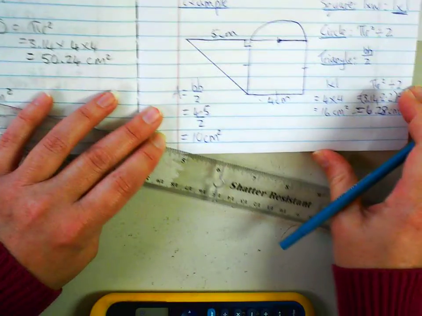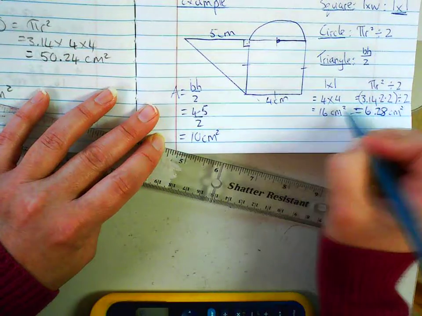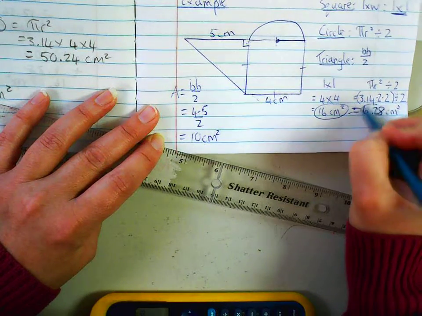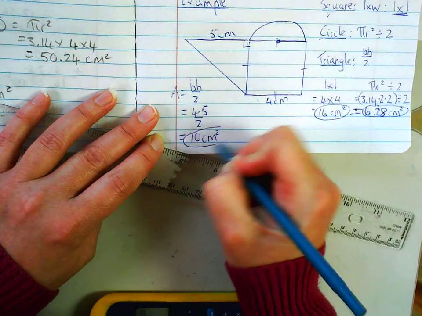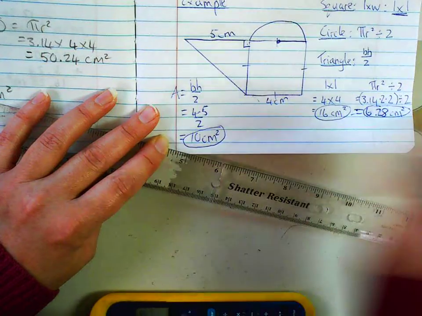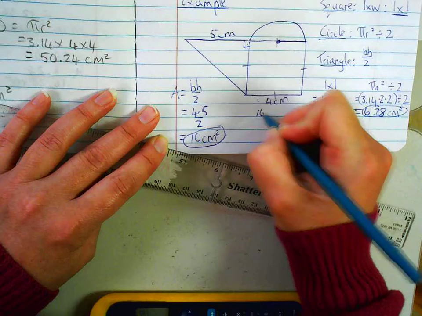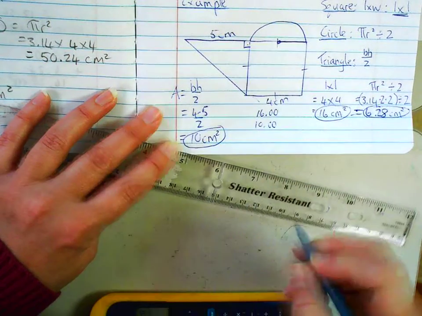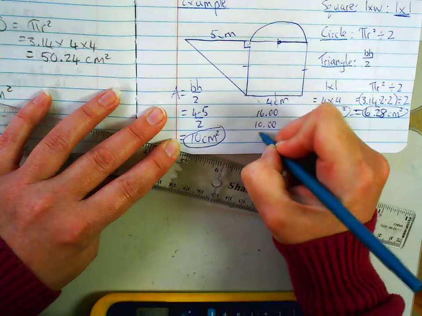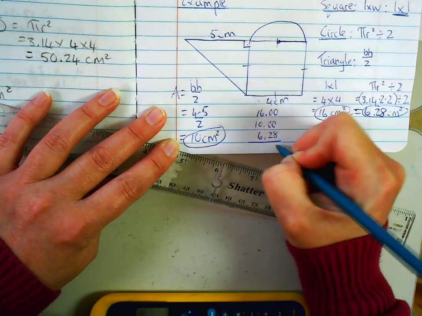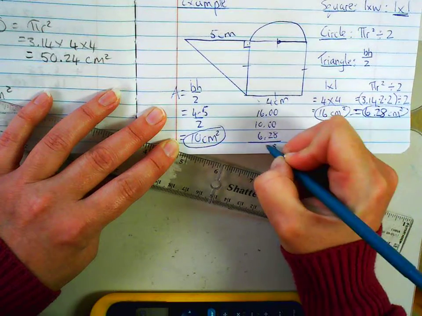Now once you've got all the areas, you take the area of the square, the area of the circle, the area of the triangle, and you add them up. So it's 16 plus 10 plus 6.28, and I add it up.